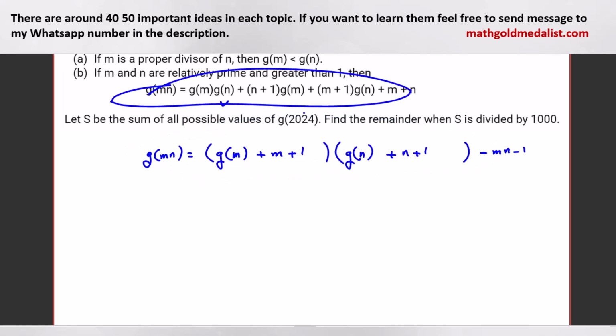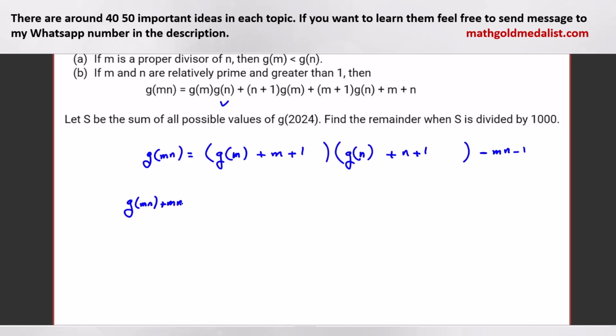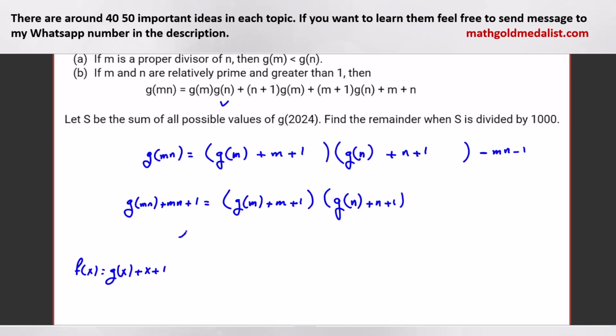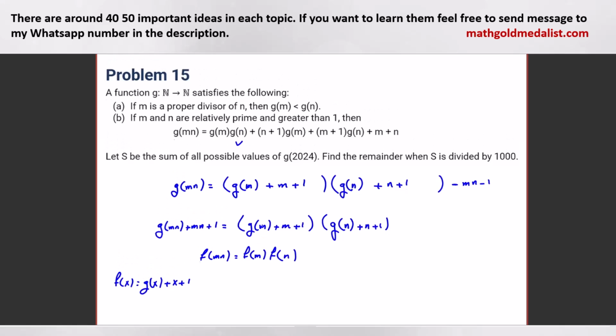Then you can add mn plus 1 to both sides, and now you will reach something very good. As you can see, all of them have the same form. And then you can define, for example, f of x equal to g of x plus 1. By this definition, we can conclude f of mn is equal to f of m times f of n. And by this approach, it is much easier to solve this problem.